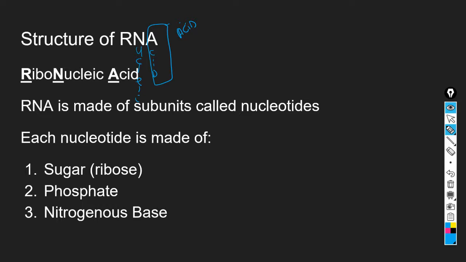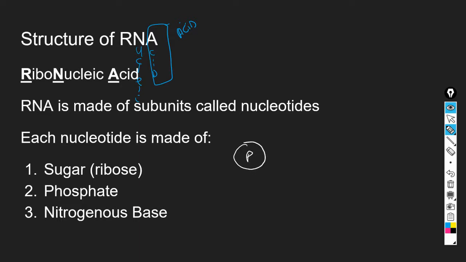Another reminder, RNA is made of subunits called nucleotides. And you should remember this from organic molecules, but it's been a while, so this is a good review for you. So each nucleotide is made up of 3 components.